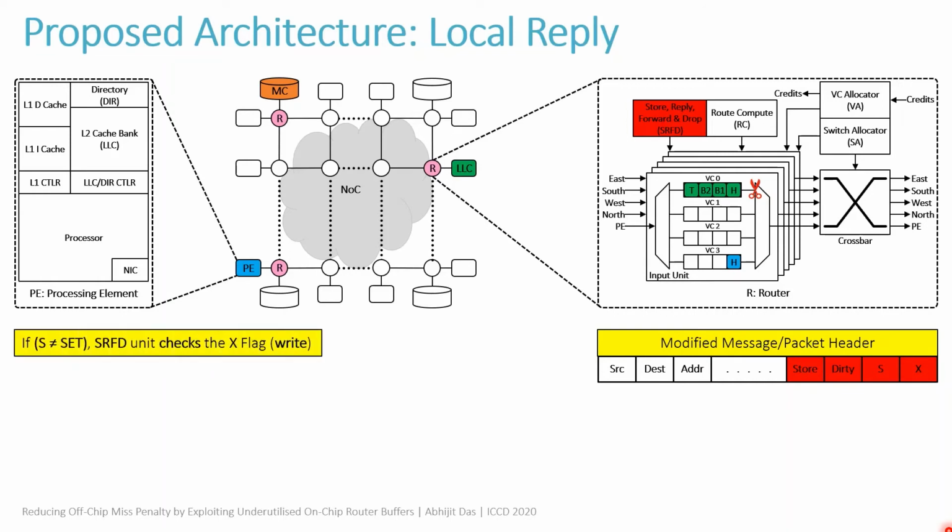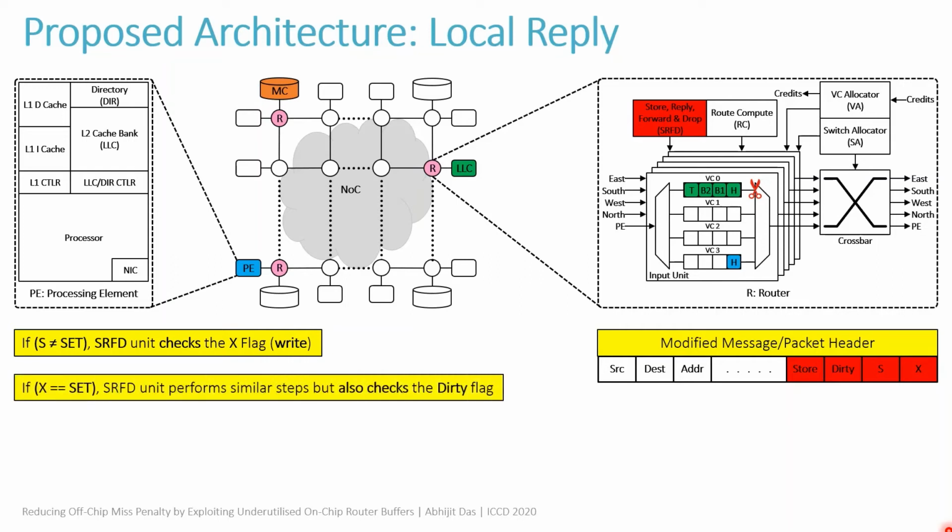If the S flag is not set, meaning it is not a read request, then we check if it is a write request with the help of the X flag. If the X flag is set and the requested address has matched with a stored block, we perform similar steps for local reply but with an additional check of the dirty flag.